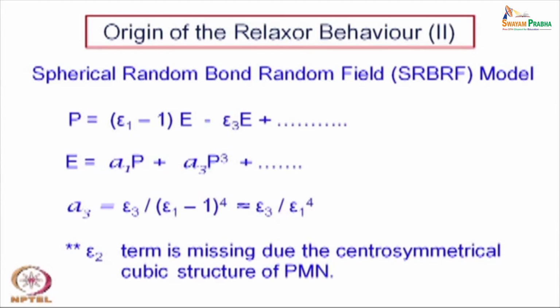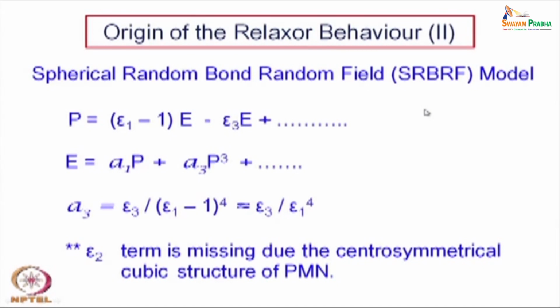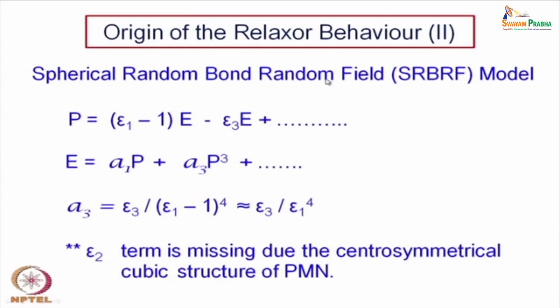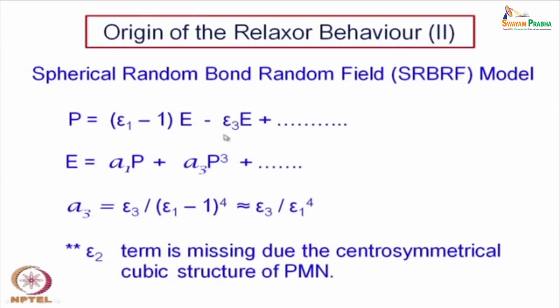Normally we write the equation as epsilon minus 1 into E, the relationship between polarization and electric field, but here, because of the distribution of relaxation time, you have different parameters, a kind of polynomial, as the relationship between polarization and electric field: epsilon 1 minus 1 multiplied by E, minus epsilon 3 E cubed, and so on and so forth.